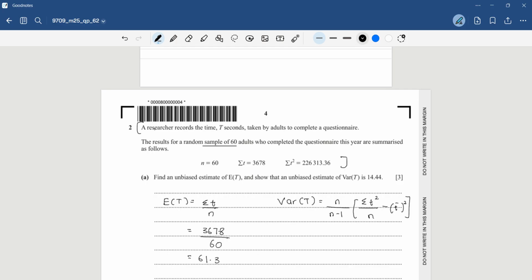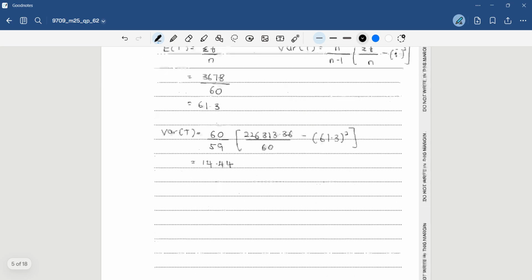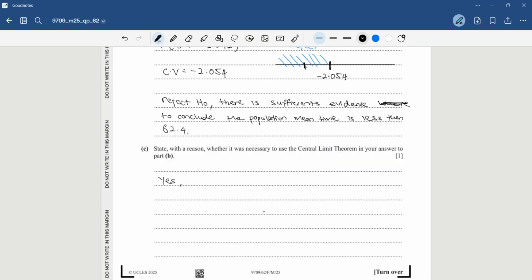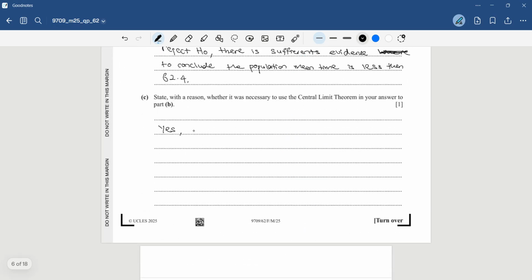A researcher found that the questionnaire was completed and summarized below. There is no single word mentioning it is normally distributed, and also the sample size is large, more than 30. So we need to use central limit theorem.